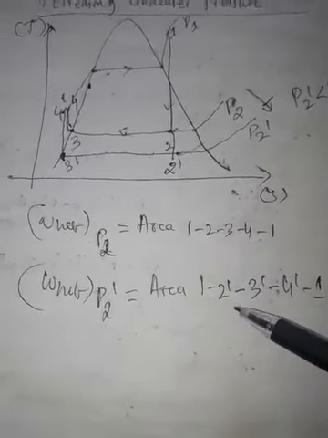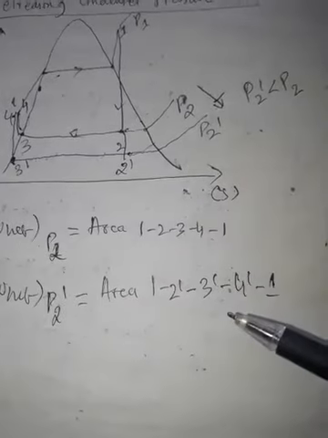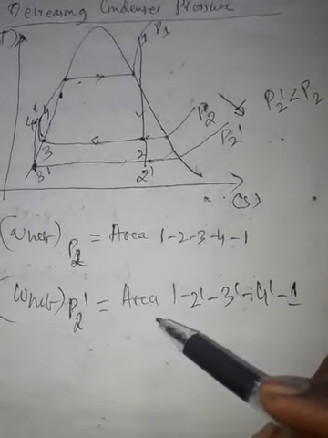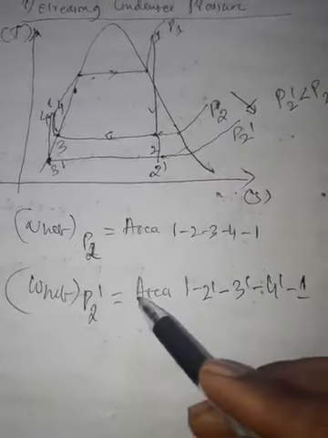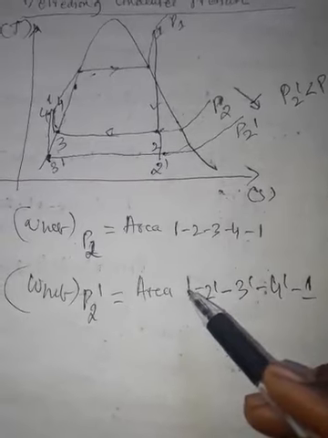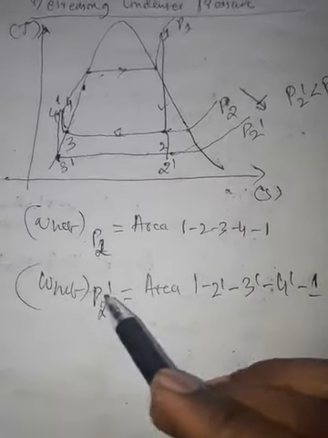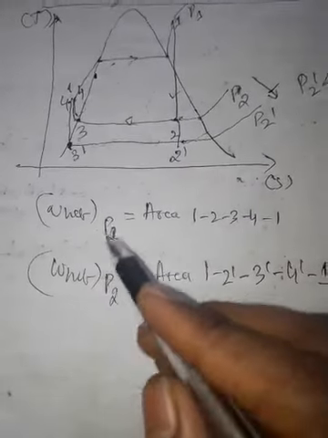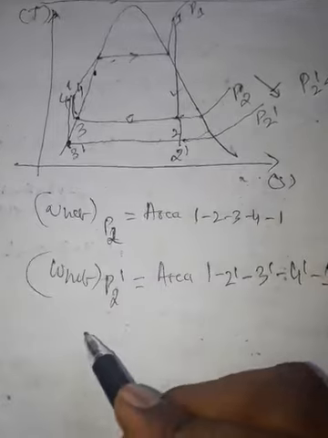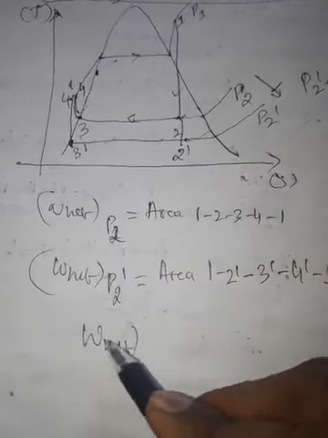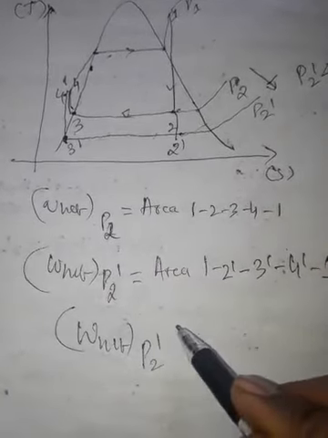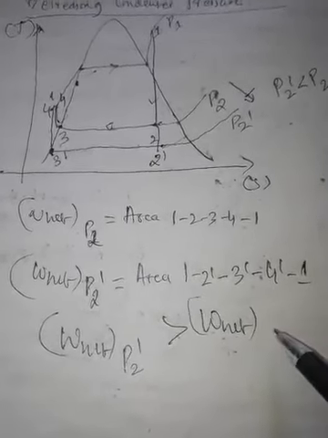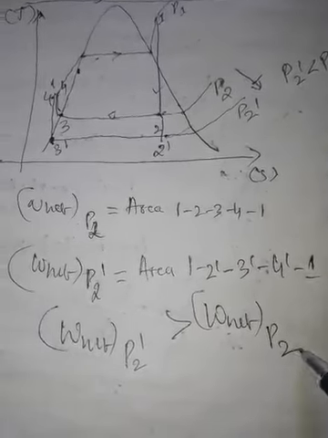By decreasing the condenser pressure, we also know from basic thermodynamics, as this area is bigger, the net work with P2 dash, that is decreased condenser pressure, is larger than the net work with only P2.